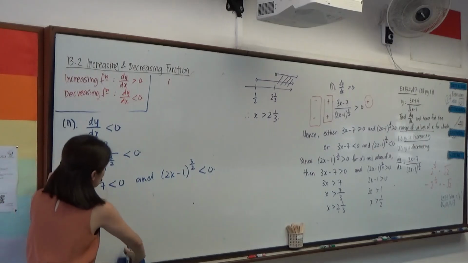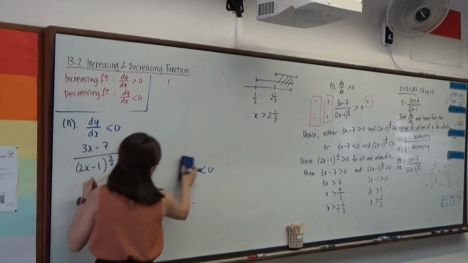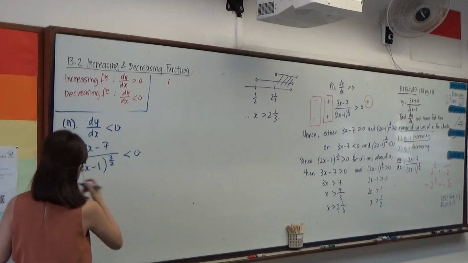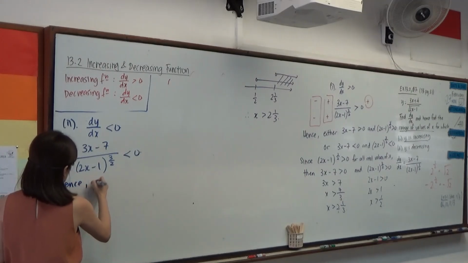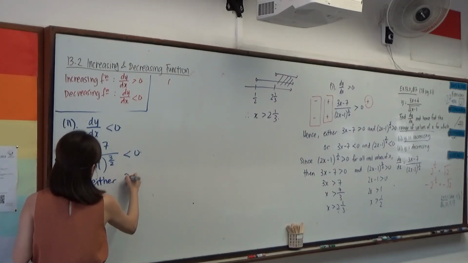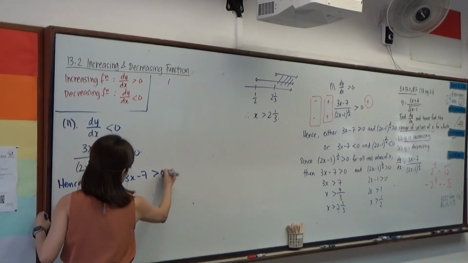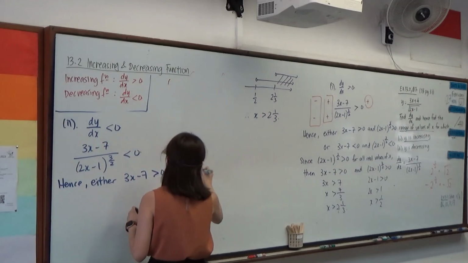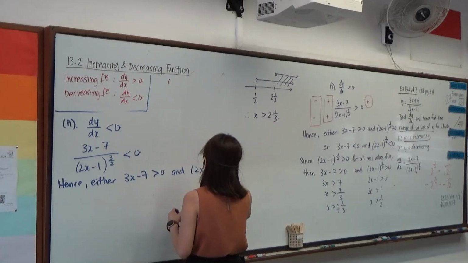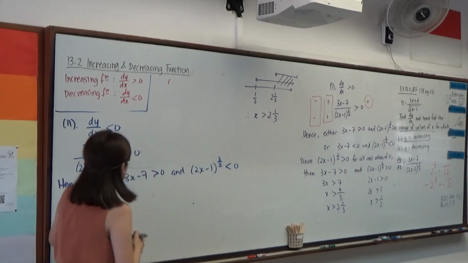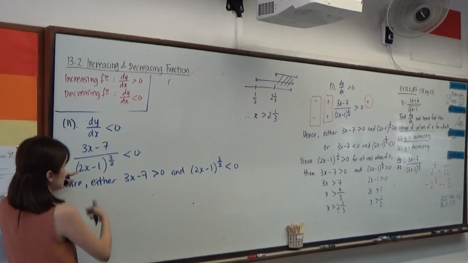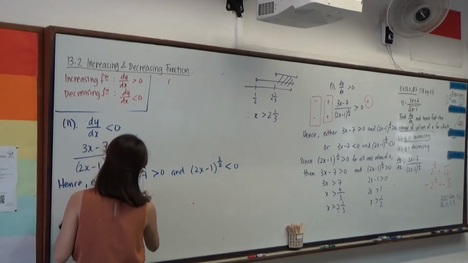So the cases that we should be looking at are two different cases. 3x minus 7 is positive and the bottom one is negative. So top positive, bottom negative, or the other way around.